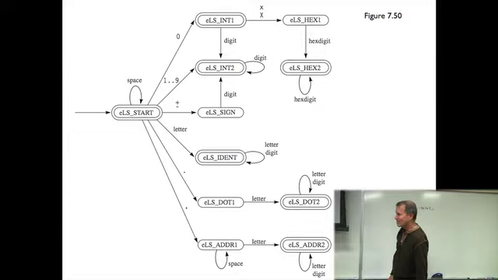But what if, and this is a better example, in hex 1. You have just scanned a 0 and an X, and you're in hex 1. Okay, and then we get a hex digit, like A. That will take you to hex 2. And I guess that digit's guaranteed not to be out of range, right? Of course.